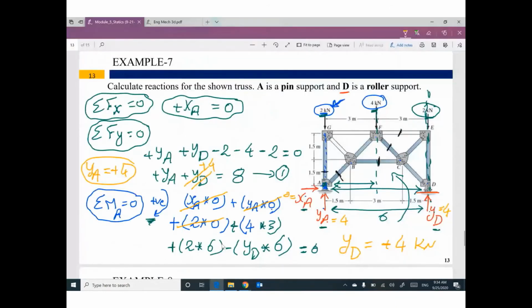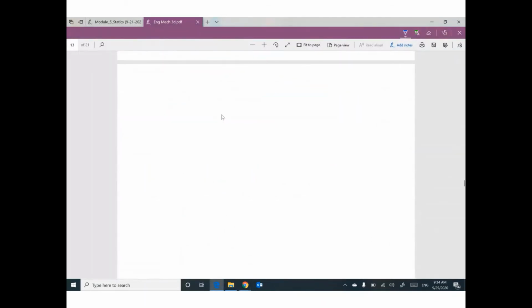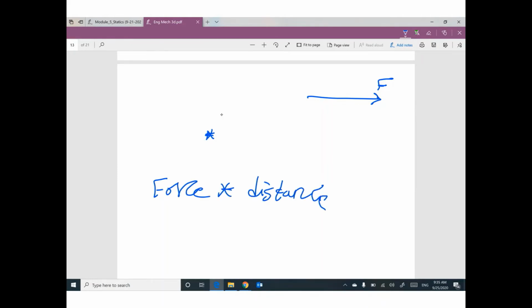Guys, remember, please, don't forget this rule. You are sitting at a point and you have a force anywhere. If you are looking for a distance for this force to make a moment, please don't forget your force and your distance must be perpendicular. So if your force is a horizontal force, your distance must be vertical.